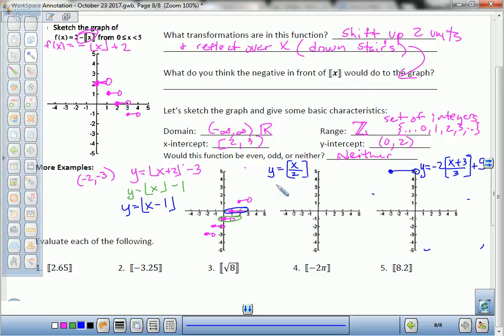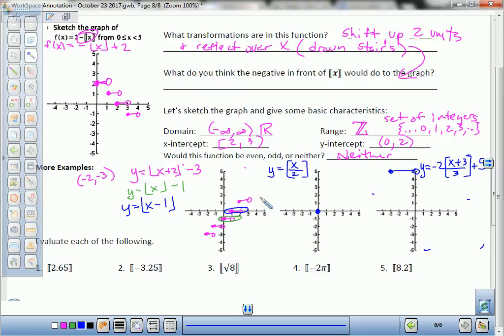All right, let's take a look at this one. This is different. There's nothing added to the x or added to the y, so we're starting right here at 0, 0. But we have something weird happening, which we haven't done. We have the x being divided by something. Now, when we multiply or divide out in front, that stretches and compresses vertically. When we multiply and divide in with the x, it stretches and compresses horizontally.